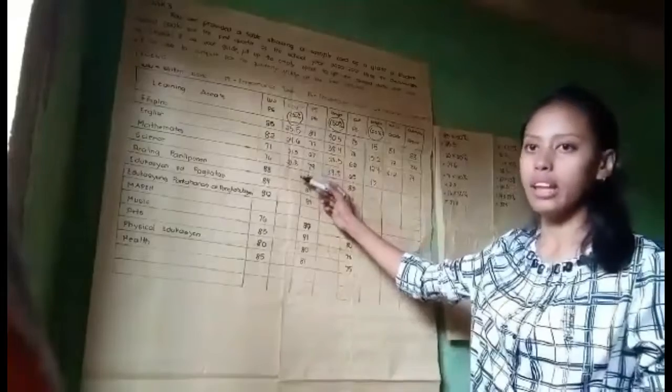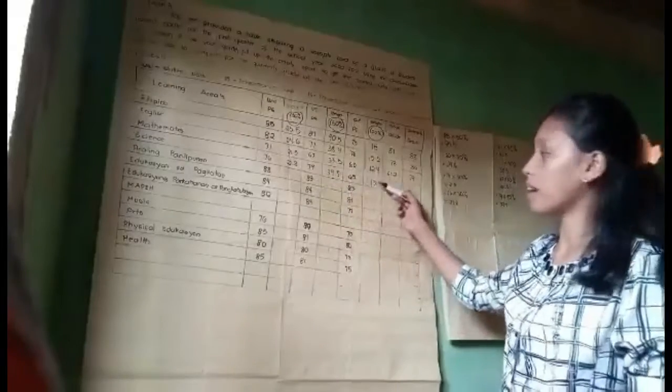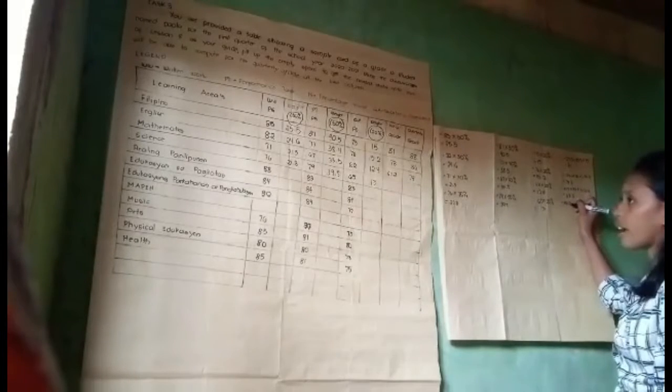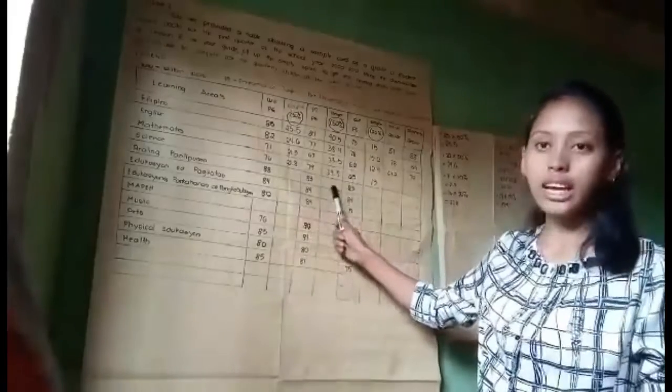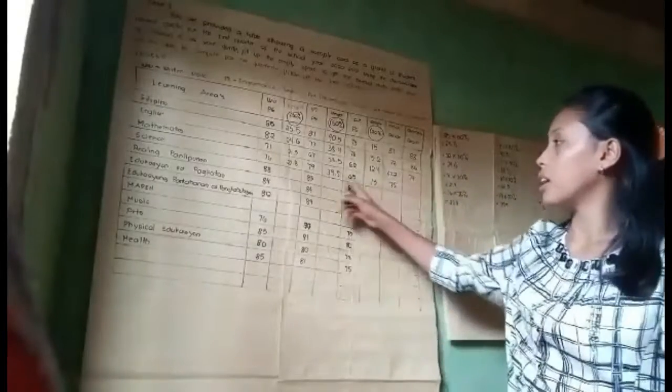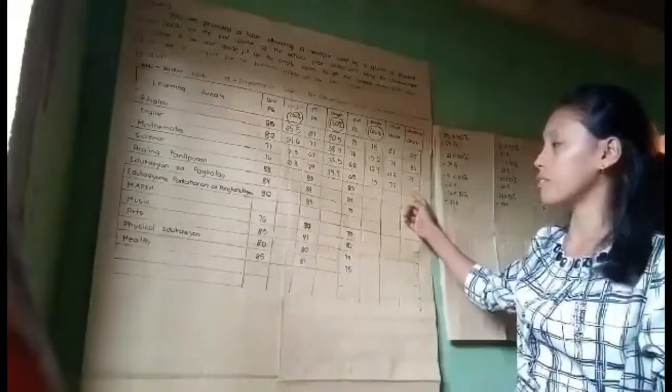Let's add 22.8 plus 39.5 plus 13, which is equal to 75.3. So let's round up. It would be 75. So the quarterly grade of science is 85 in transmutation.